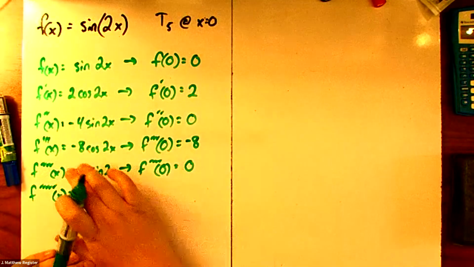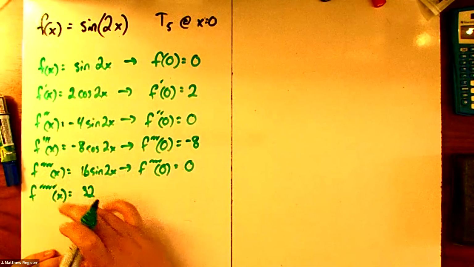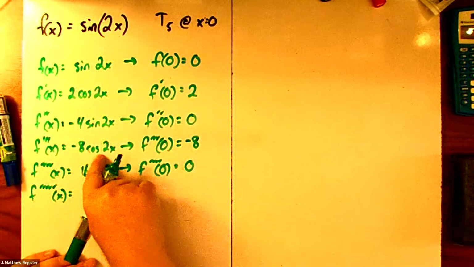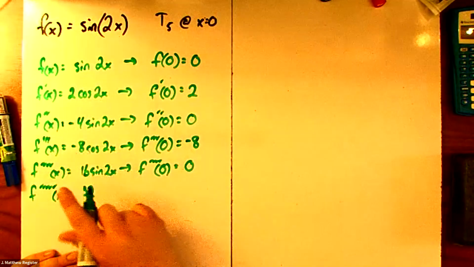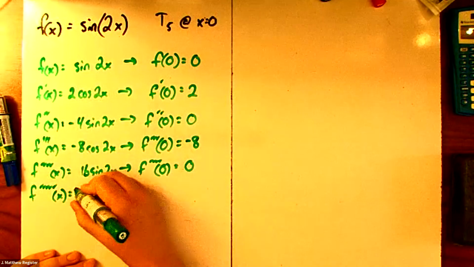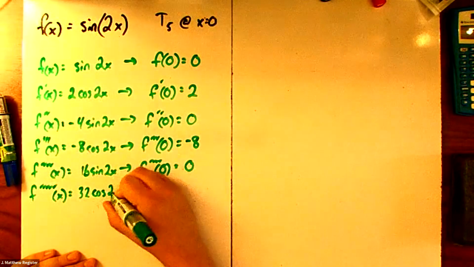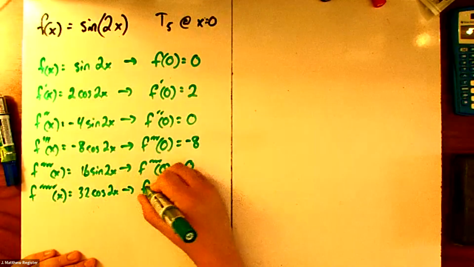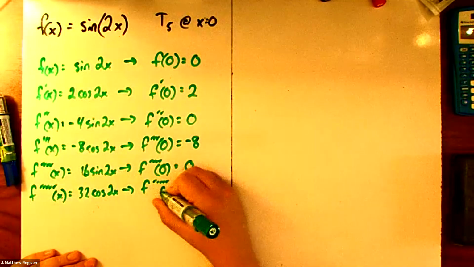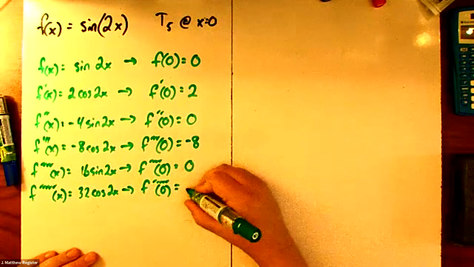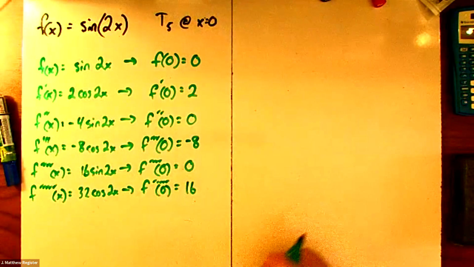Nope, I got a sign wrong there. This goes positive, this goes positive. There we go. Because the derivative of cosine is negative, and we already had a negative. So now this is going to be a positive 32 cosine of 2x. The 5th derivative at 0 is going to be positive 32.